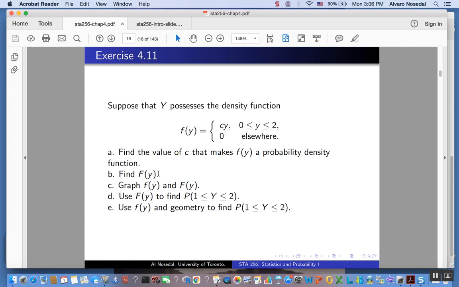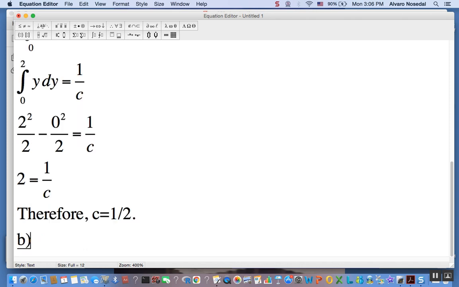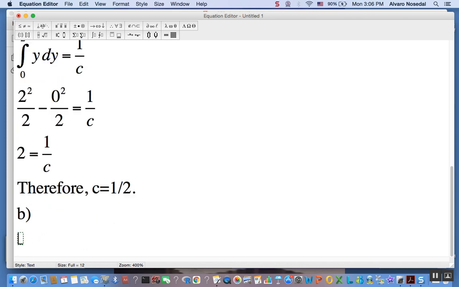Now what we want to do is find uppercase F at y, meaning the cumulative distribution function, CDF. Let's try and find that, part B. So just like the PDF is defined between -infinity and infinity, we have to find the CDF for any real value.